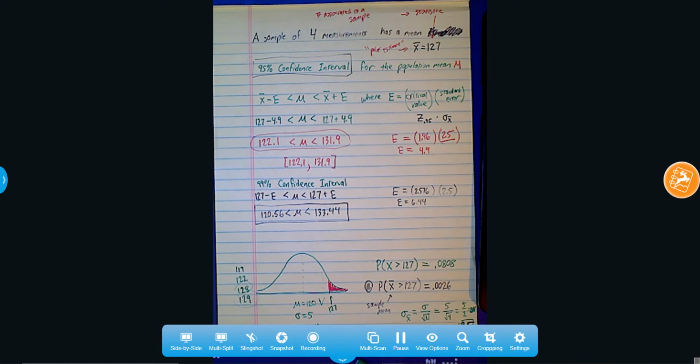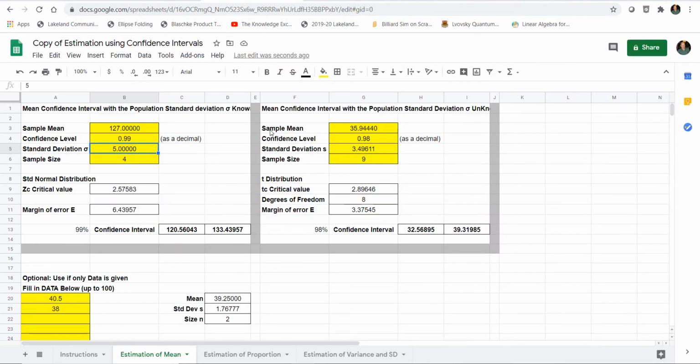So that's nice. But as I said, in most situations, you're not going to know sigma. And so I'm imagining instead that I have a sample of 4 measurements, and the sample mean is 127, and I don't know the standard deviation. Now, how could this come about?